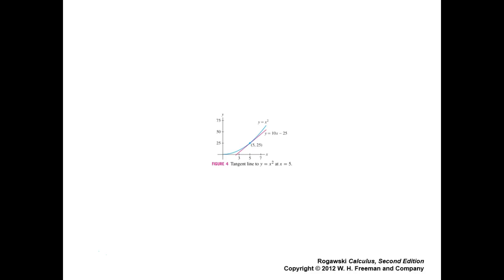What is the equation of the tangent line? Find the equation of the tangent line to the graph of f of x equal to x squared at x equal 5. Does anyone remember what the equation of the tangent line was?